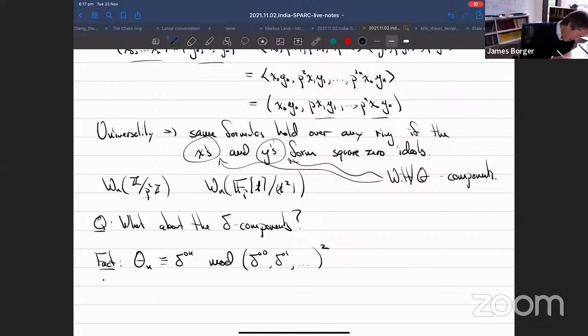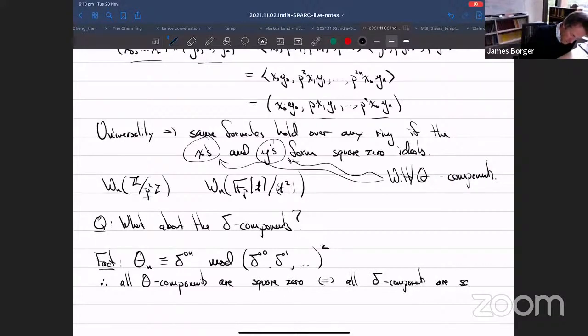So therefore, all theta components are square zero if and only if all delta components are square zero.